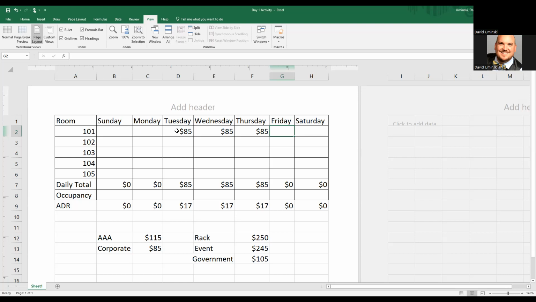One more quick explanation of what we have. You have a 5-room hotel right here, rooms 101 through 105, and your goal is to fill those rooms as much as possible. We're trying to sell the right room to the right guest on the right day for the right price.